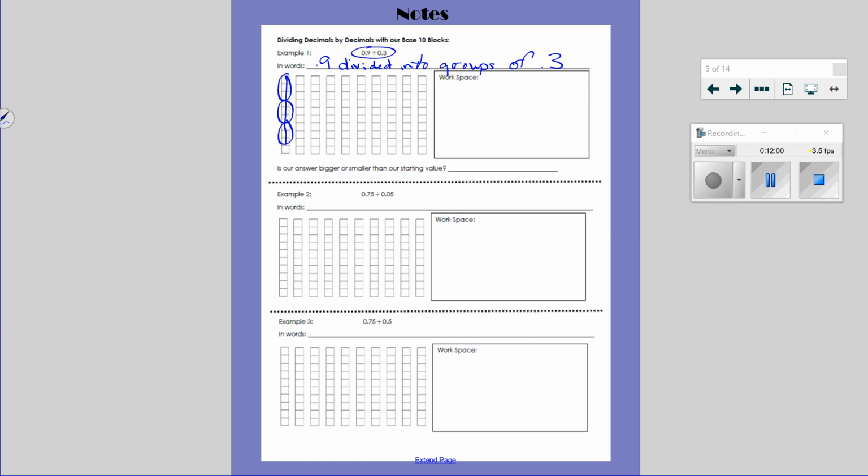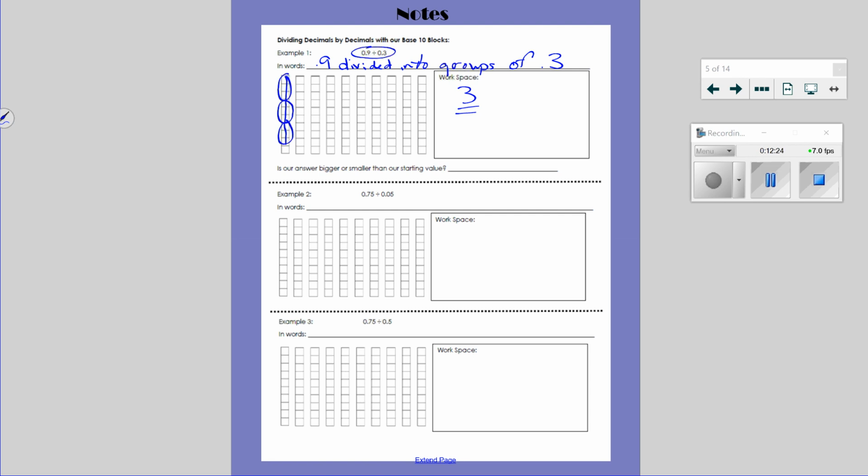So there are 3 groups of 3/10 in there, correct? That's why we're doing this, to show you it's really not Albert Einstein stuff, that this actually makes sense when you think about what it's actually asking you.